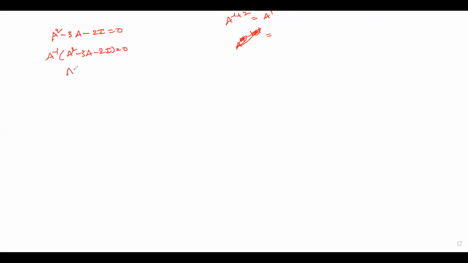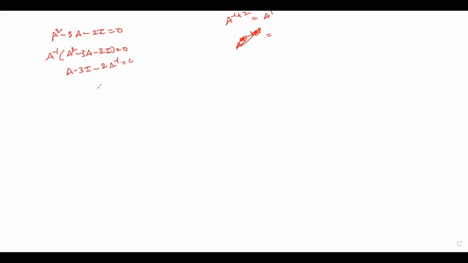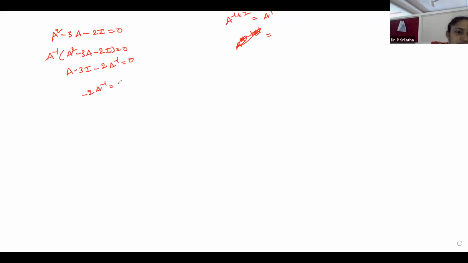So that is I minus 2 into a inverse equal to 0. So minus 2a inverse equal to minus a plus 3I. Okay, so a inverse equal to 1 by 2 into a minus 3I, isn't it?